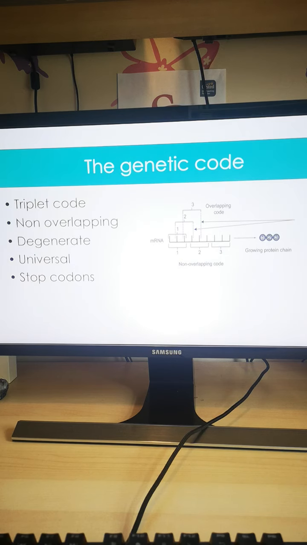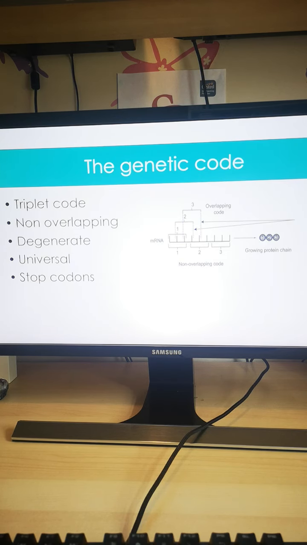And there are only around 20 amino acids to be coded for, which means it's degenerate: most amino acids are coded for by more than one codon. Usually we'll be asked for evidence, and we'll see an example of that in a minute.